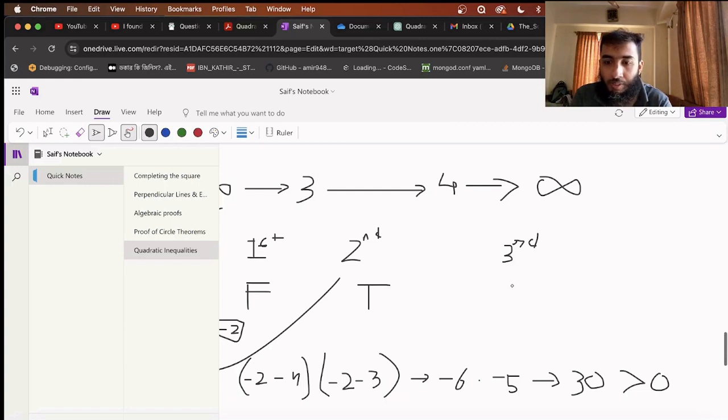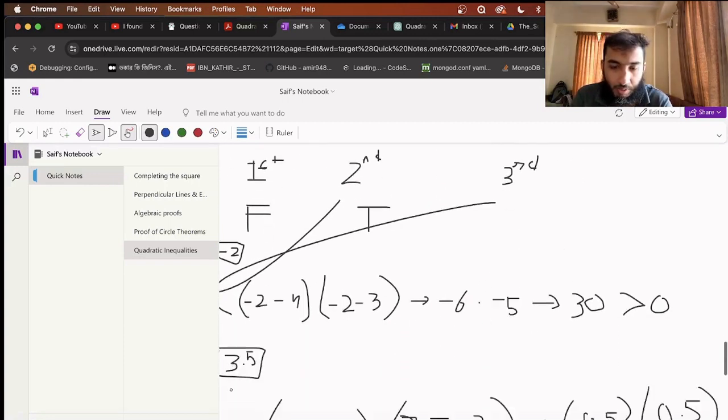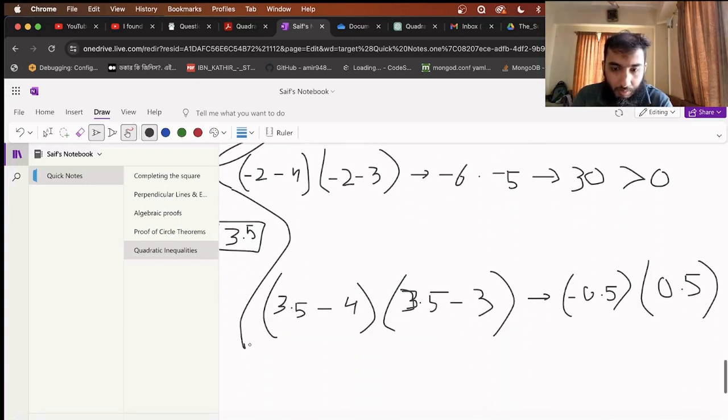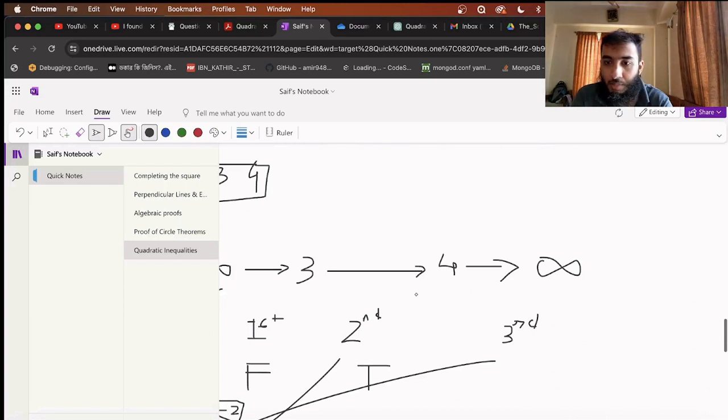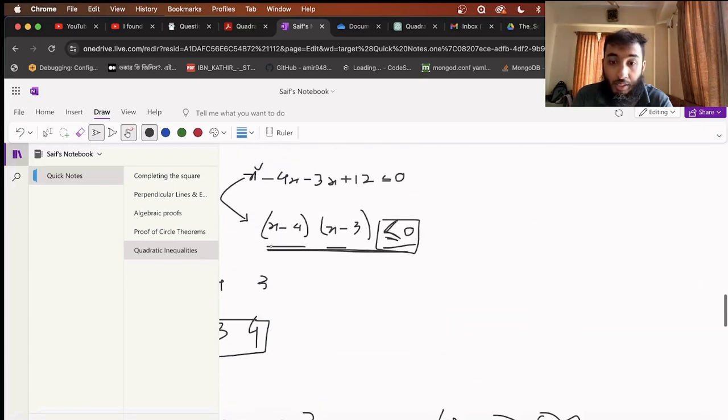Now let's take a value from the third interval. What is between 4 and infinity? Let's say 5. Let's use the value of 5 in this inequality.